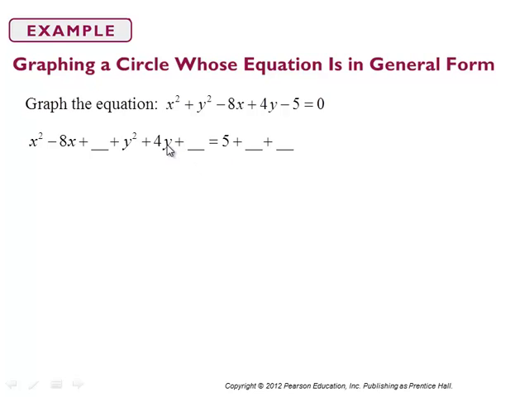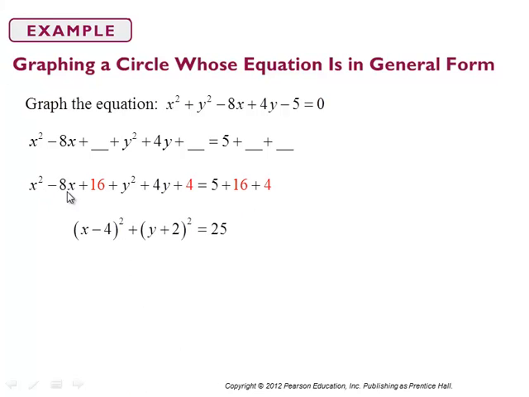Something similar for the y's. You take half of the 4 there, which is 2, square, you get 4, so you'll add 4 to both sides of the equation. So that we have now written perfect squares of these binomials on the left-hand side. And of course, on the right-hand side, we can add these 3 numbers to get 25.